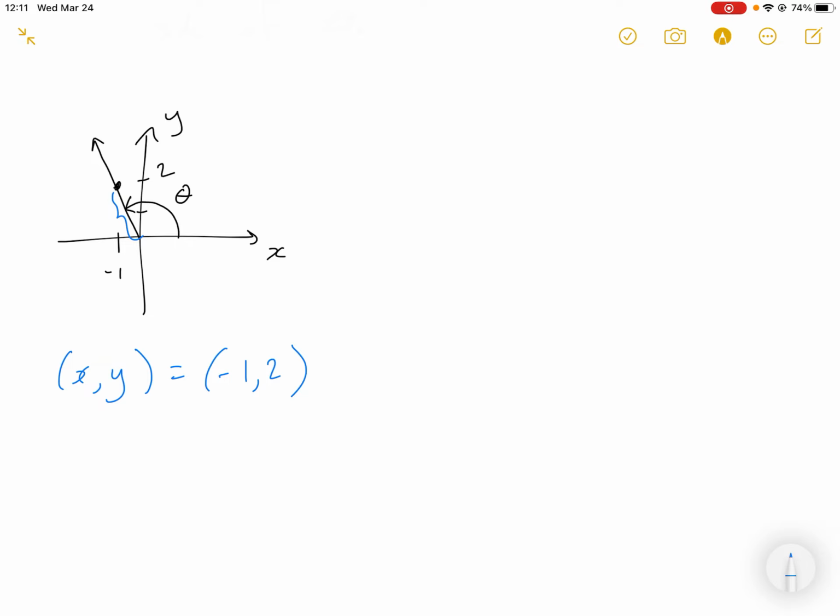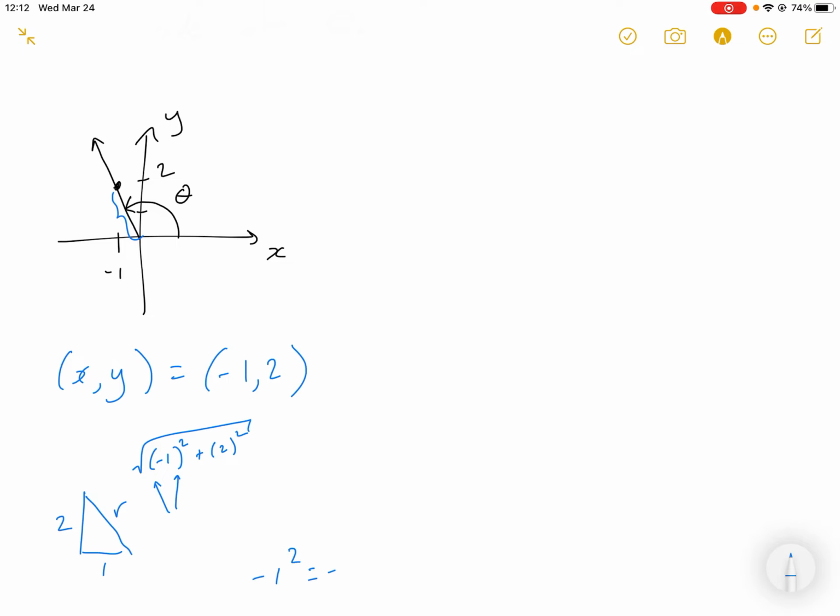But I don't know r yet, although it's not too tricky to find. All you have to do is the Pythagorean theorem, because notice that we have a triangle here, length 1, length 2, and r is just the hypotenuse. Let's determine a value for r. When you're doing negatives, please make sure to put the parentheses around the negative before you square it.